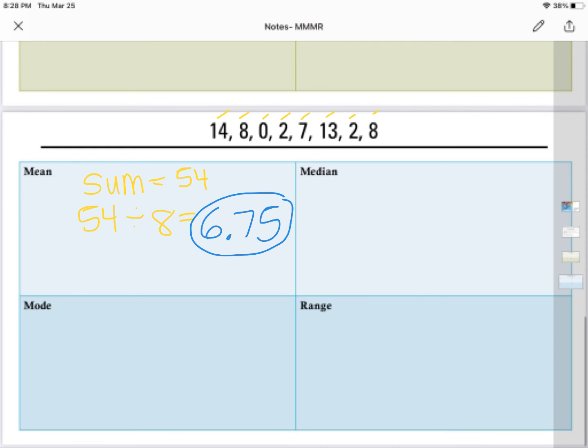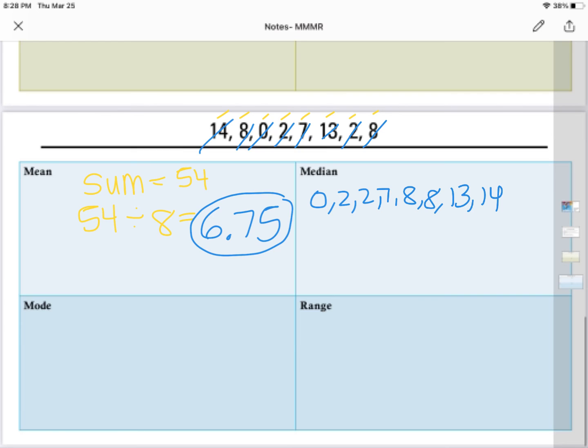All right, for our median here, we're going to put them in order from least to greatest. So starting with 0, then we've got 2, then we've got another 2, then we've got 7, and then we have 2 8s, 8, 8, and then 13, and then 14.